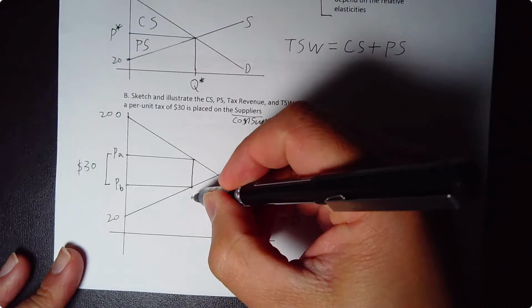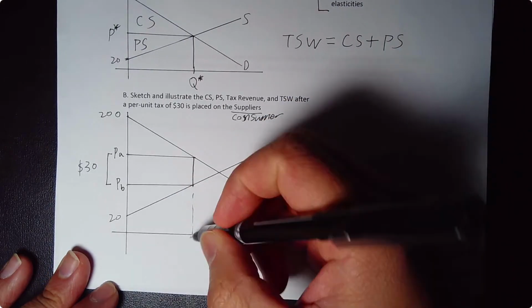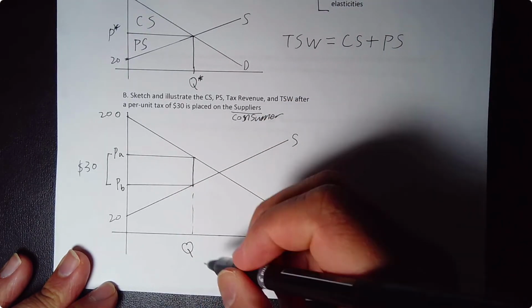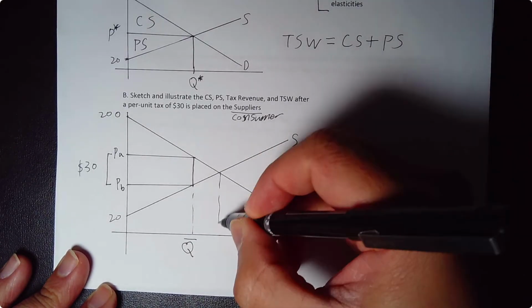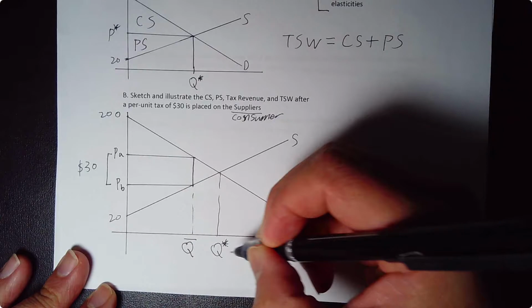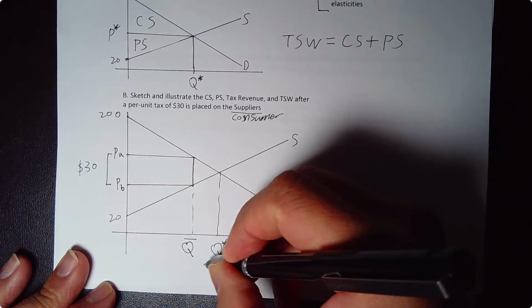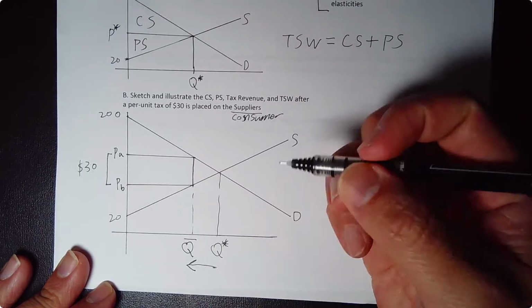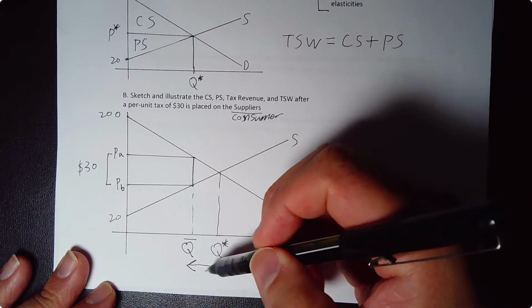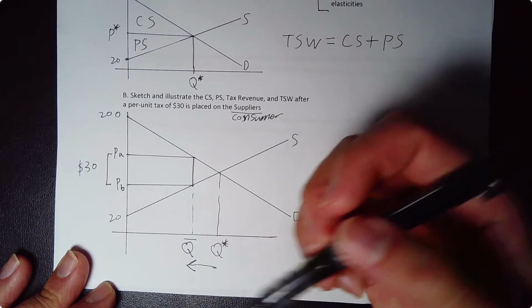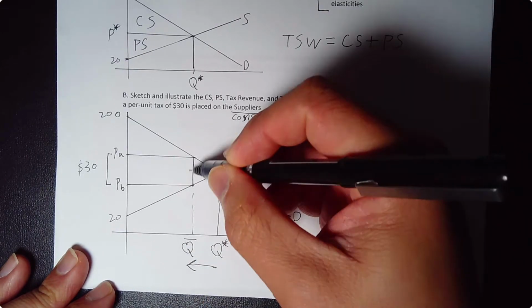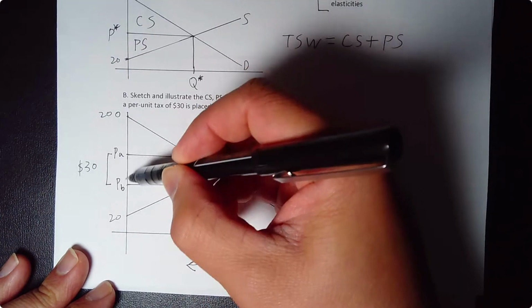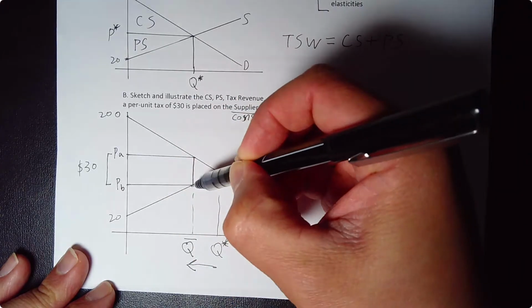The new market equilibrium, I'm going to call that Q bar, because here's the Q star. That was the old equilibrium, but because of the tax, quantity has decreased, and that will always be the case when you tax something. You have less of it. And $30 is the tax on each item, times Q bar.